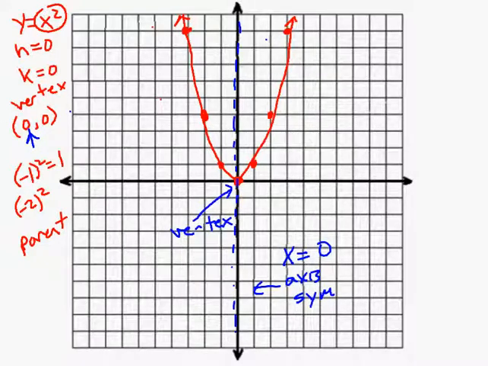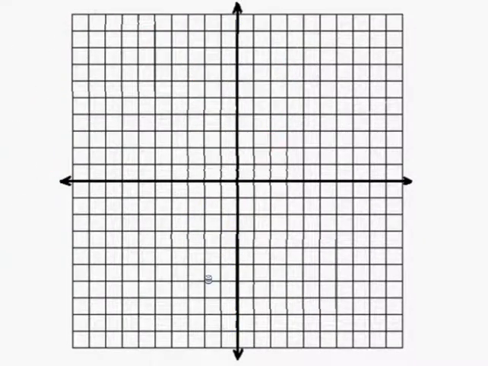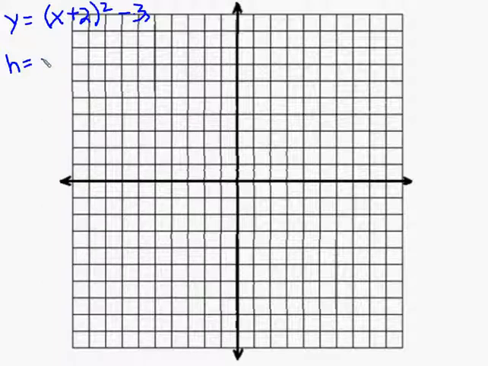Let's do another one. Can I erase this? For those of you who are with me on this? Let's do a child now. Let's try y equals (x plus 2) squared minus 3. What is h? 2.